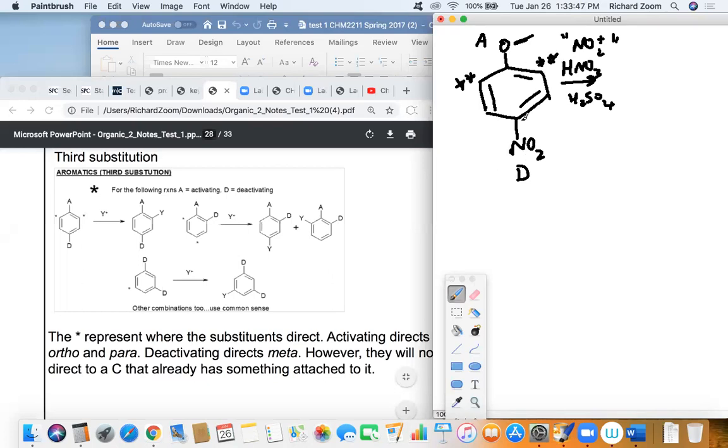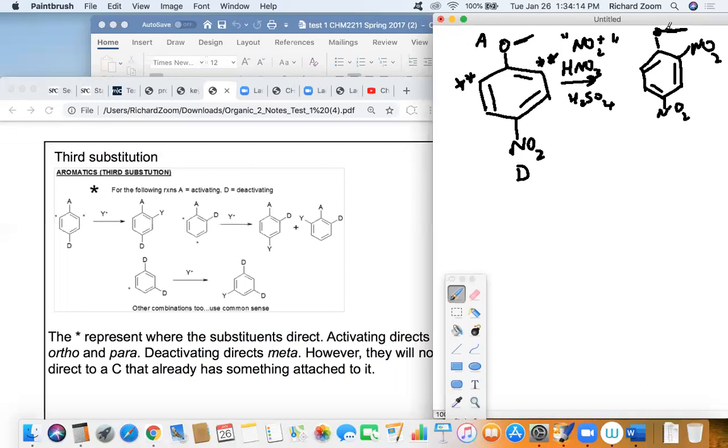Now, because this is symmetric, we only get one product. That will put the NO2 group over here, or it could go on the other side where I've got the other stars. But that's the only product that we're getting. So that's not a negative, by the way, that's a methyl group. Anybody have any questions?